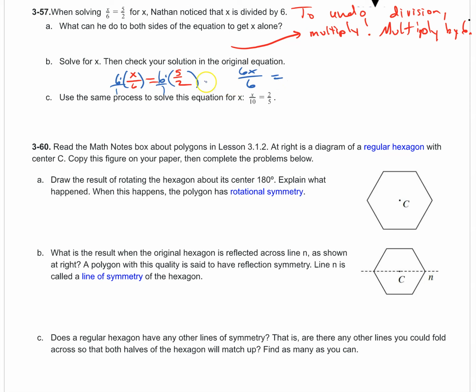And that's equal to 6 times 5, which is 30, over 1 times 2, that's going to be 2. Now, 6x divided by 6, that forms a giant 1. 6 divided by 6 is 1. So that's just x. And then 30 divided by 2 is 15. That's it.